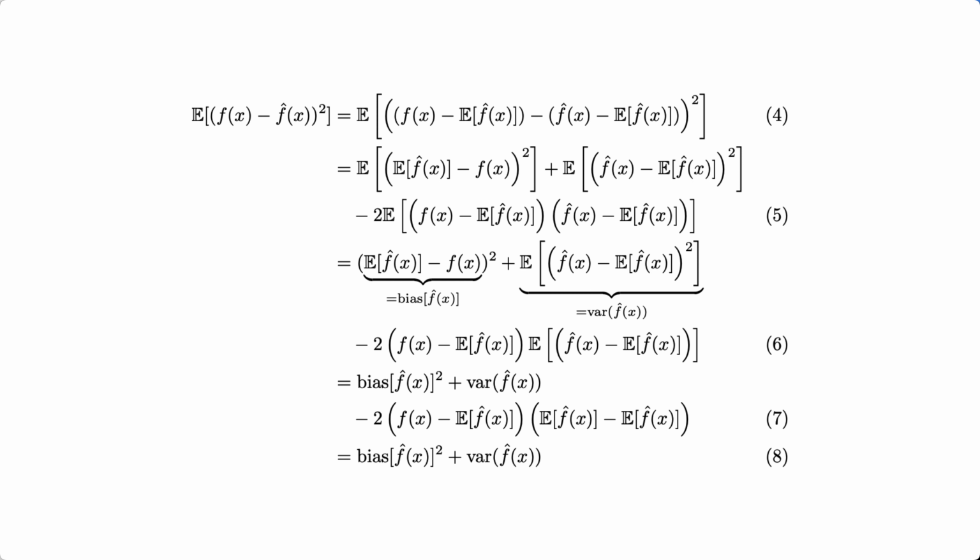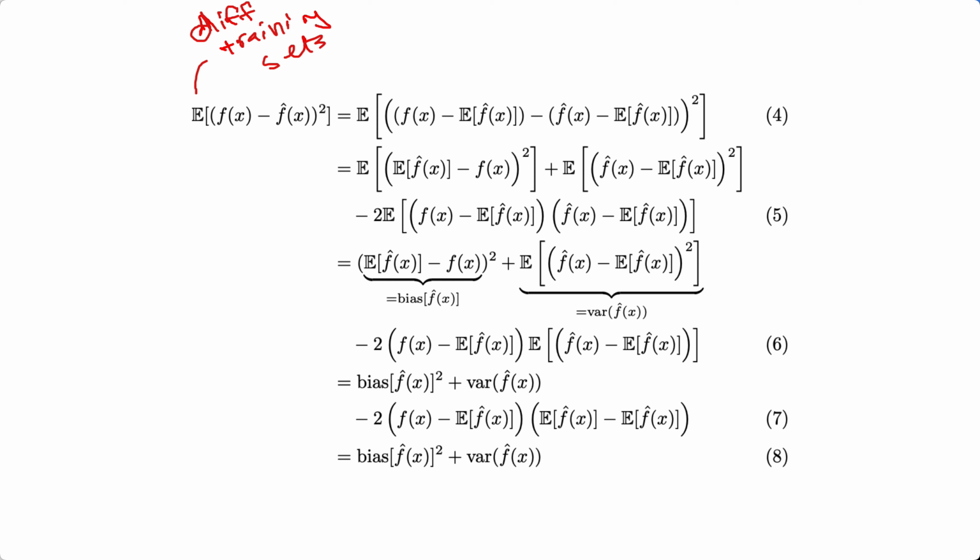In fact, what should we even call these expected values? I should note that what we're talking about here is the expected value over lots of different training sets. We have a particular sample of the true population. That's become our training set.